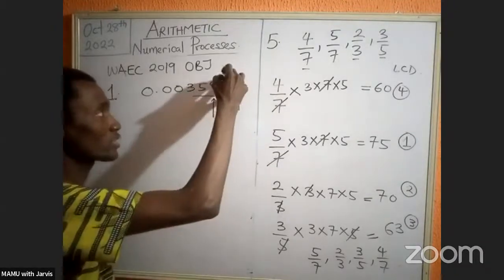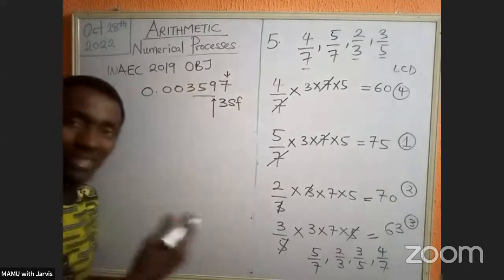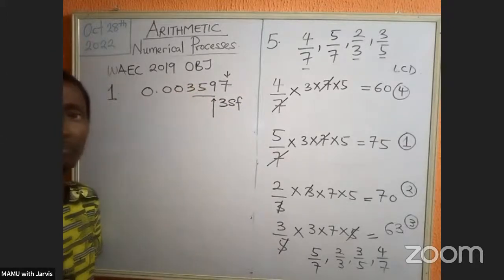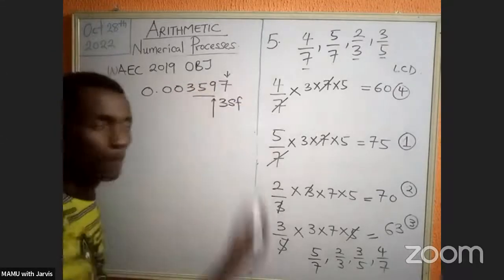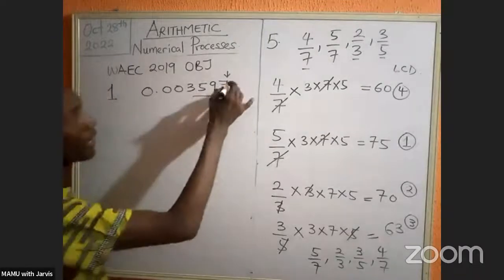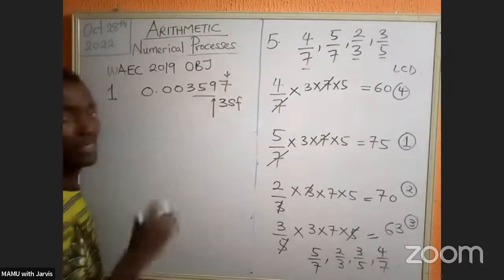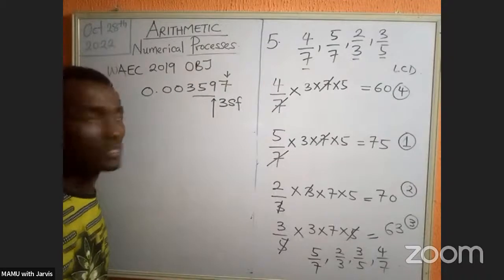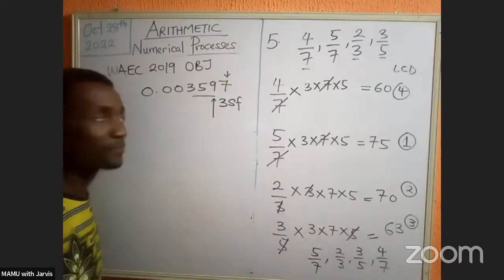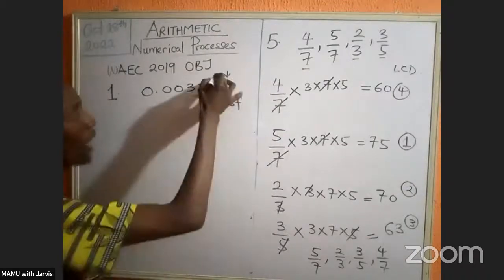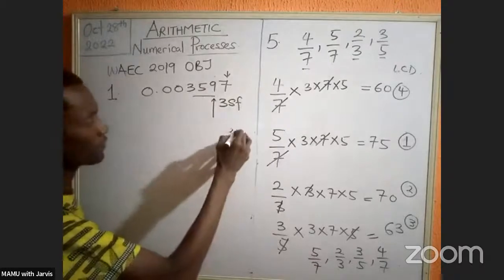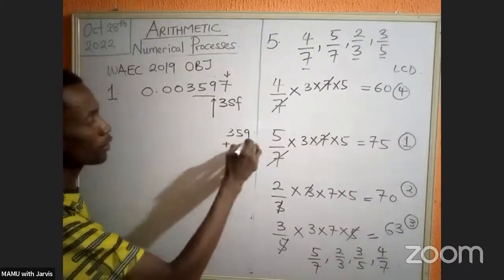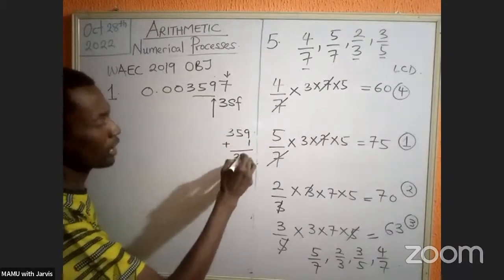And then this digit is what I call the digit costing the approximation. Because this digit is 5 and above, 7 is bigger than 5, we would add 1 to this. So 359 plus 1 will give me 360.